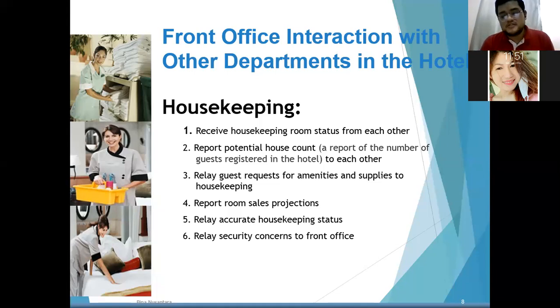And then relay security concerns to front office. Usually this is not really accurate for me. Usually, when housekeeping find something suspicious regarding security, they will straight away call the security department. Relay security to front office, and the operator will call the police or even security. Okay, the next one.